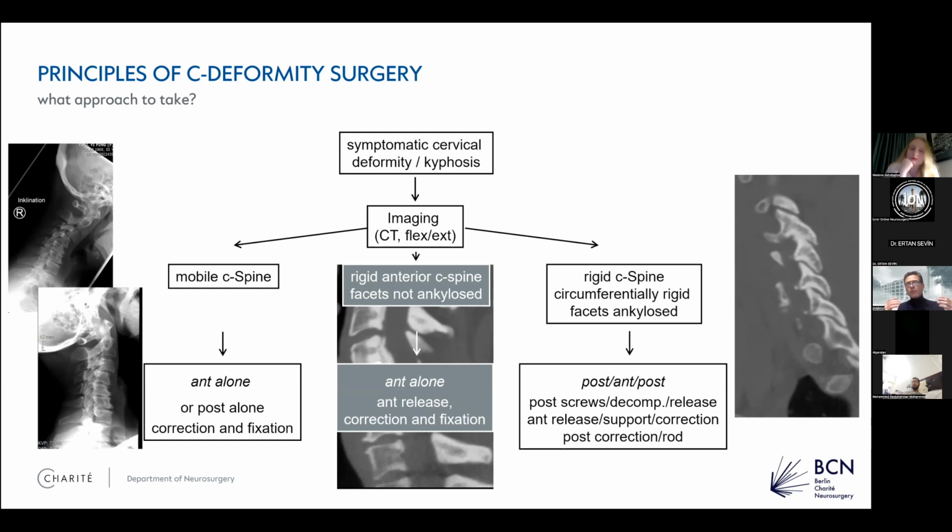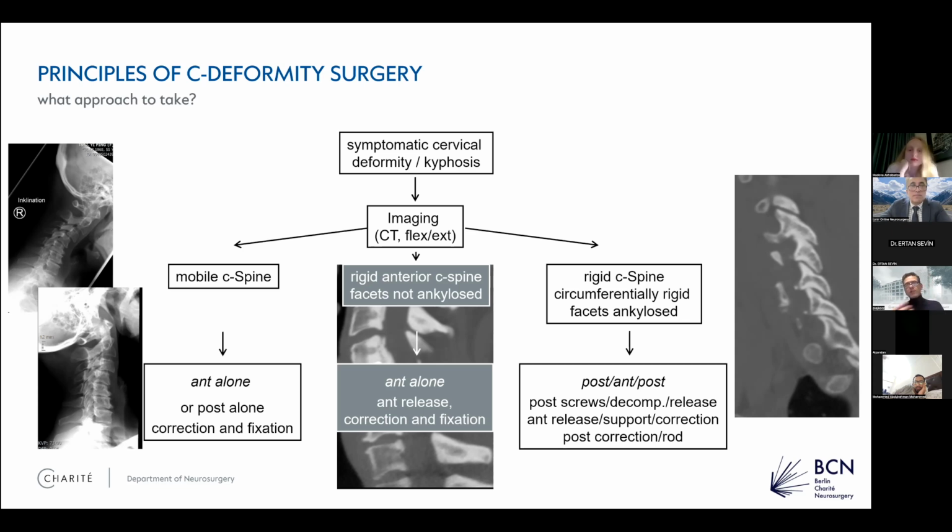And then you would come from posterior, you would place your screws, you would do the posterior release by doing your posterior osteotomies, either partial joint resections, or you would resect the complete joint. And following the posterior release, you would come from anterior, do the anterior release, put in your cages, do the anterior support, correct with the cages and with the plate.